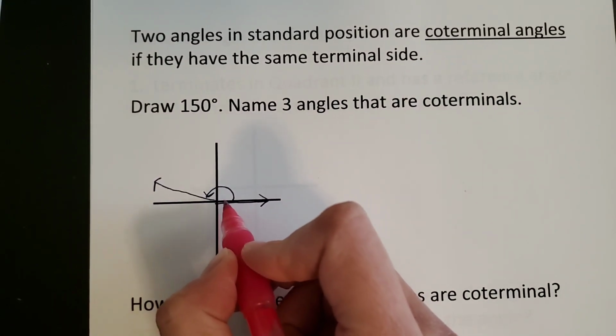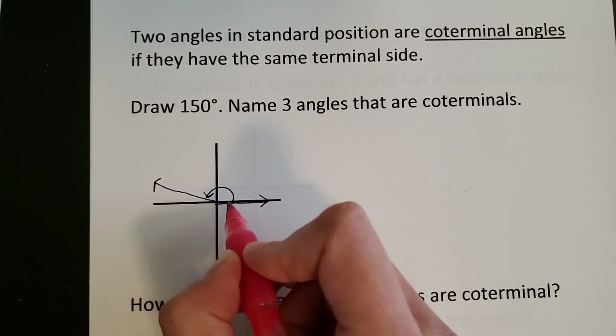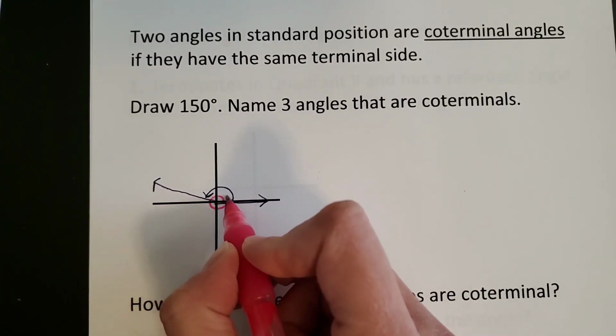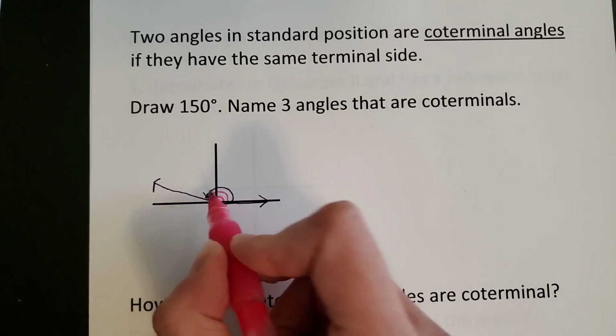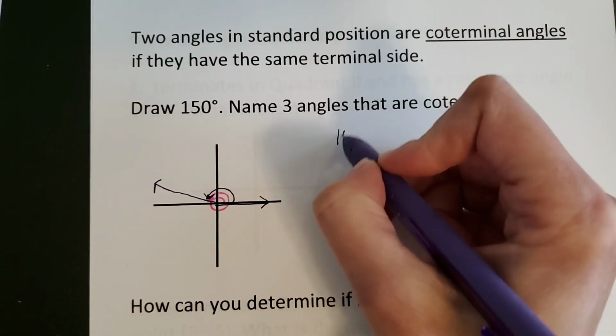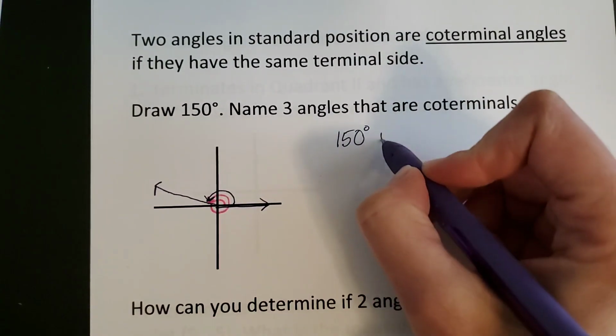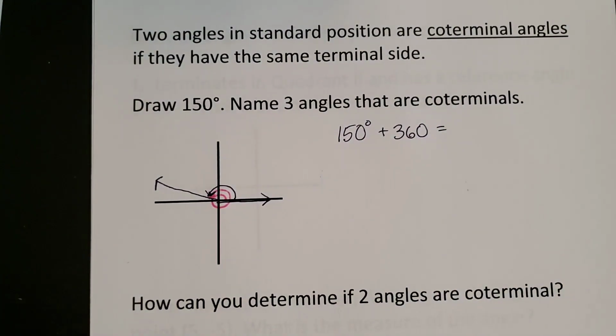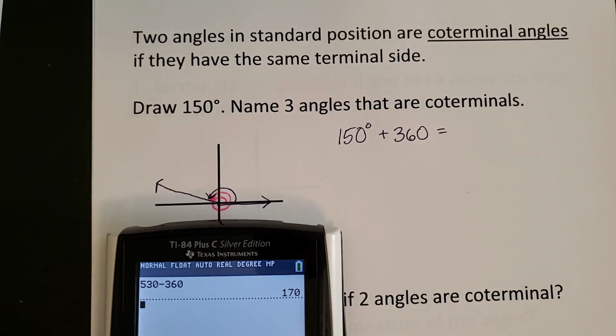Well, what's another way that I could end at that same spot? I could go around once and then end at that exact same spot. That would be taking 150 degrees and adding 360 to that.